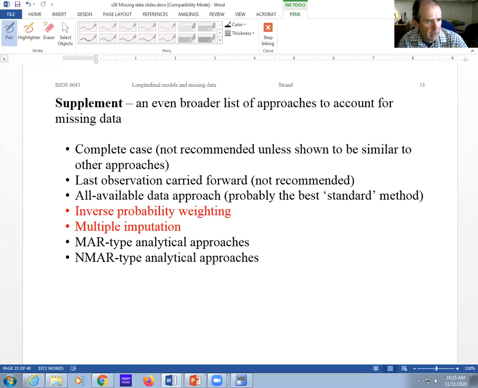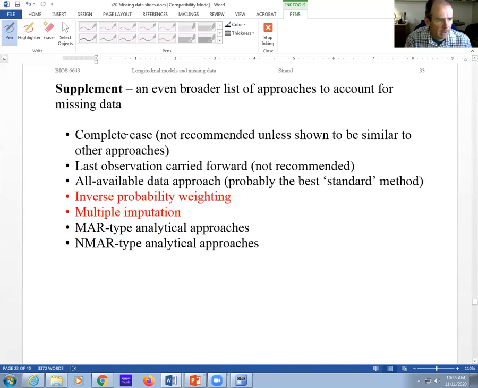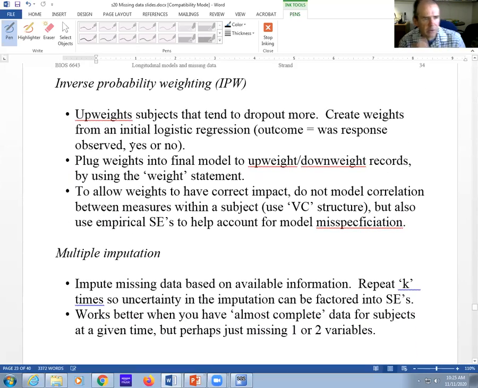There's a couple new ones, inverse probability weighting and multiple imputation, that we talked about a little bit as methods. Inverse probability weighting is where you do an initial logistic regression and you model whether a subject had observed or missing data at a given time point, regressing it on typically baseline predictors, to come up with the probability that a subject's going to be missing a value at a specific time point.